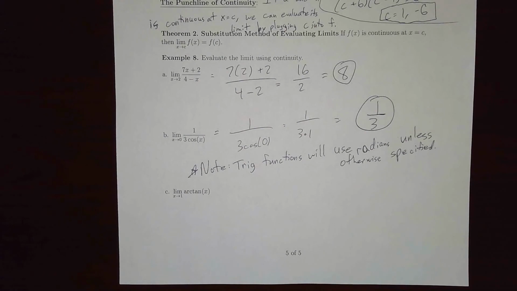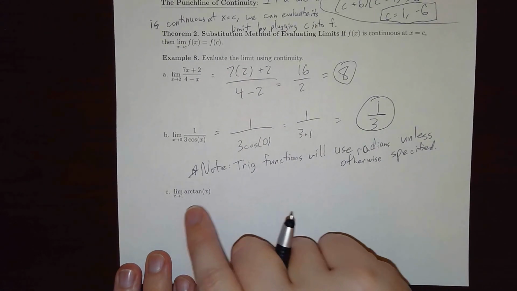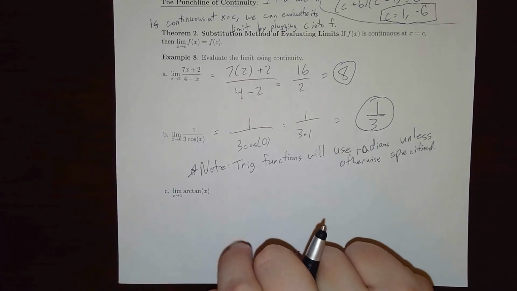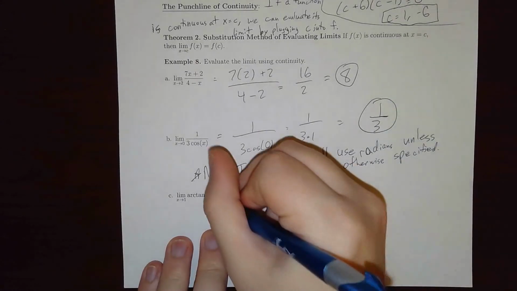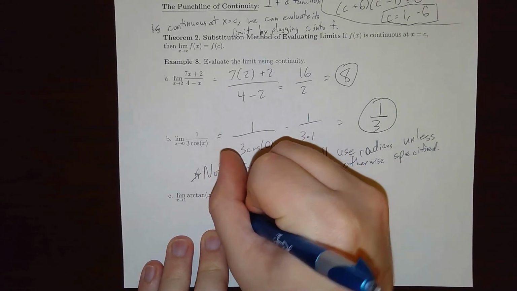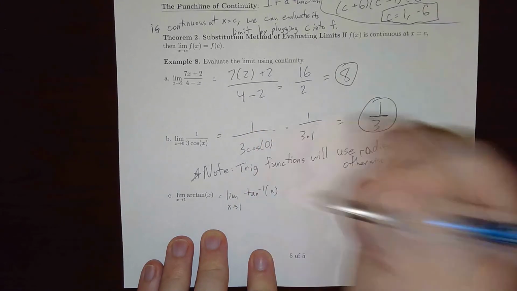And the last thing we want is to evaluate the limit as x approaches 1 of the arctan of x. The arctan is the same as the tangent inverse.